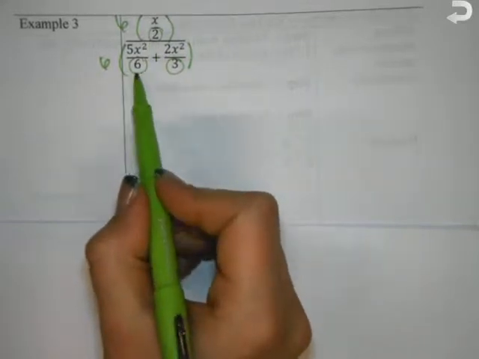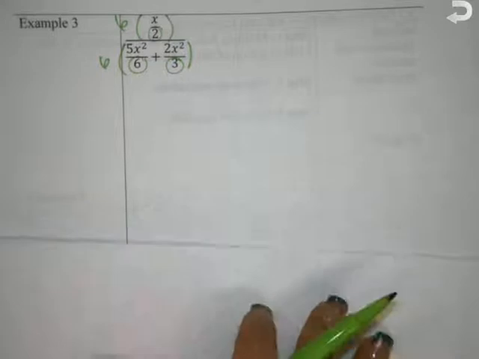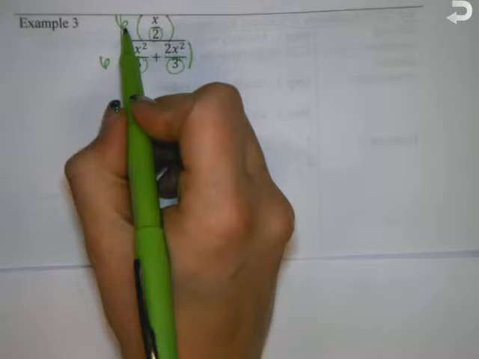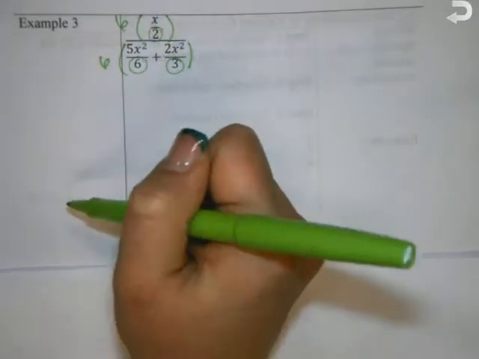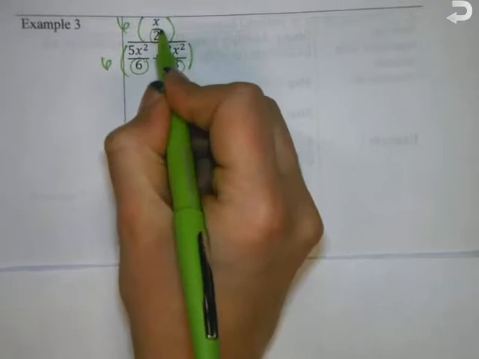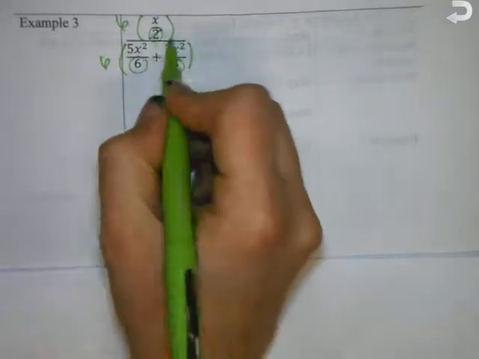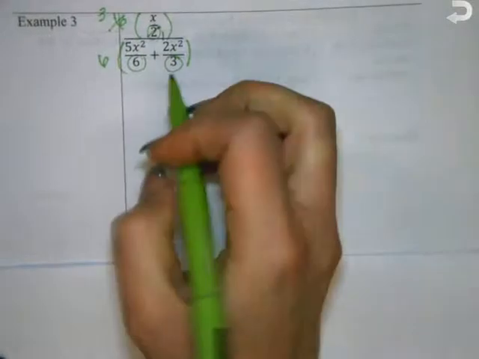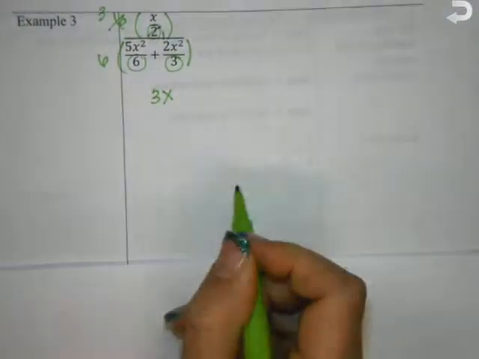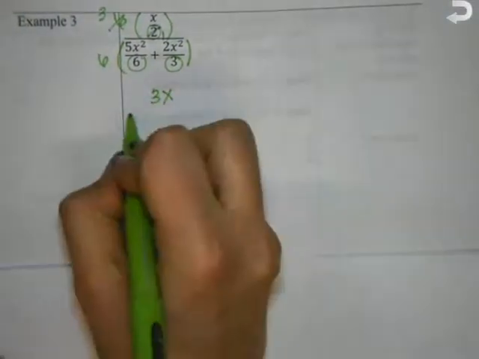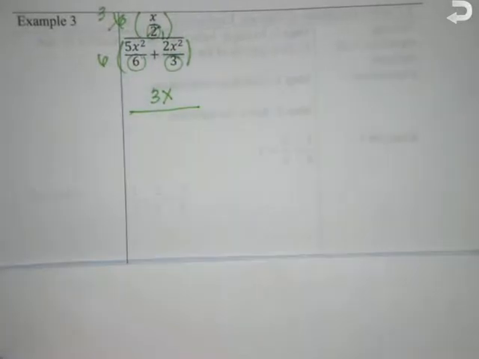6 times x over 2. Can we cancel anything? Yeah, 2 goes into 2 once, and 2 goes into 6 3 times. So our numerator is going to be 3x, all over. This 6 is getting distributed to both terms.